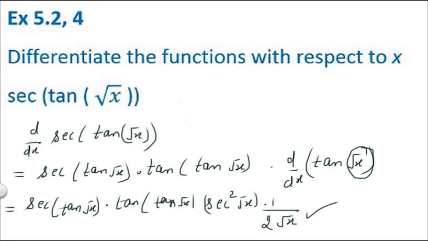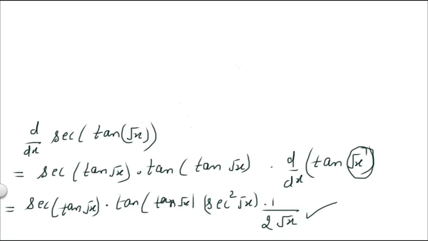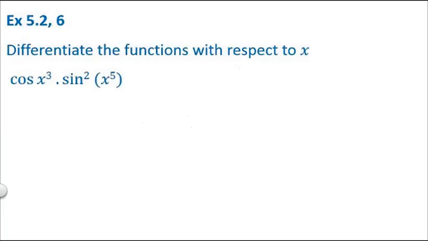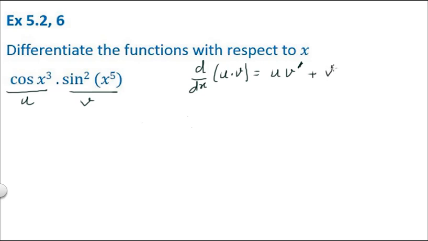Let us go to the next question. Here comes question number 6. As you can see in this we have two functions. Let us consider one as u, another as v. So you know the product rule, d by dx of u into v, we know is u into differentiation of v plus v as it is into differentiation of u.